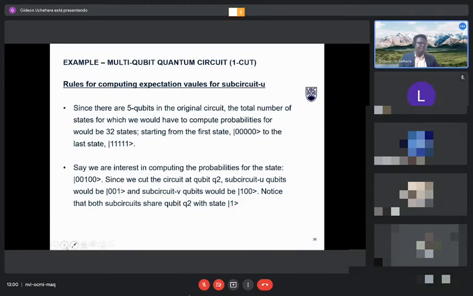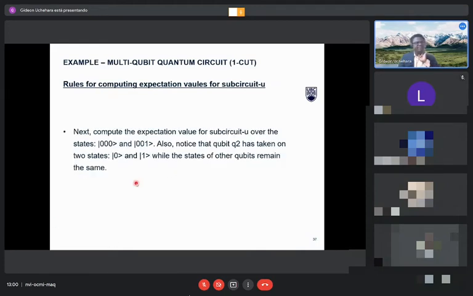Now, the next thing is to compute the expectation value for subcircuit U over the states 0, 0, 0 and 0, 0, 1. Because we are interested in the cut qubit, the cut qubit can either take a 0 state or a 1 state.